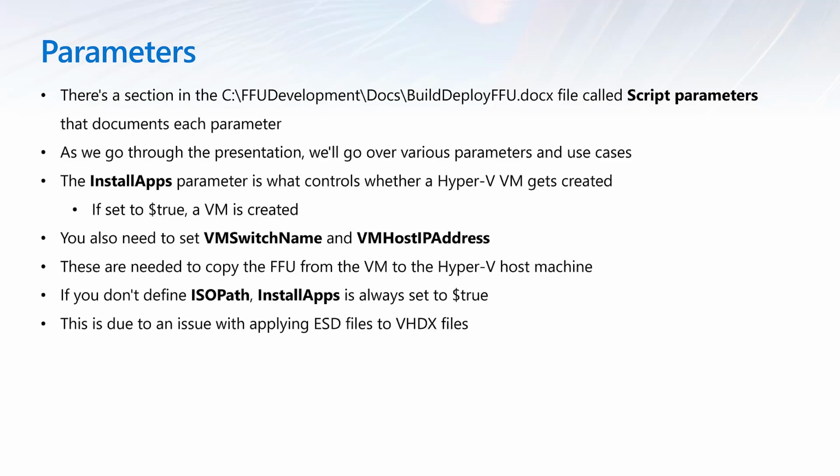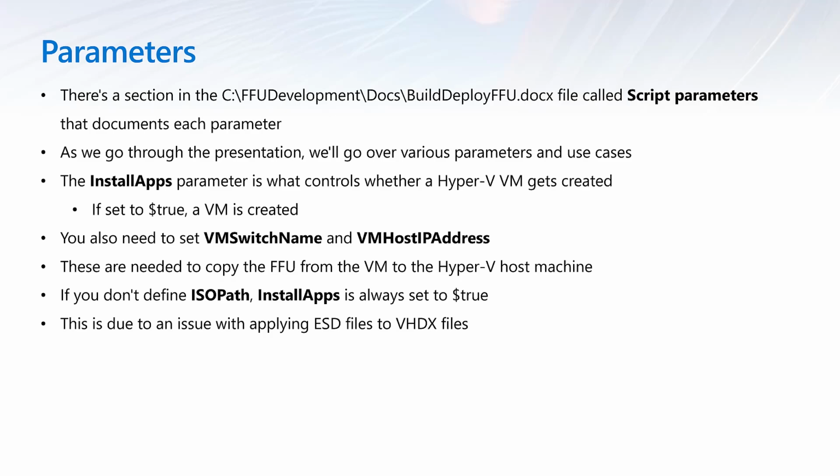And the reason we do this is because there's an issue with applying ESD files to VHDX files. I haven't figured out why that is, but I've just noticed that if I just try to apply an ESD directly to a VHDX, it tends to fail when I try to boot from that VHDX and try to capture that into an FFU.